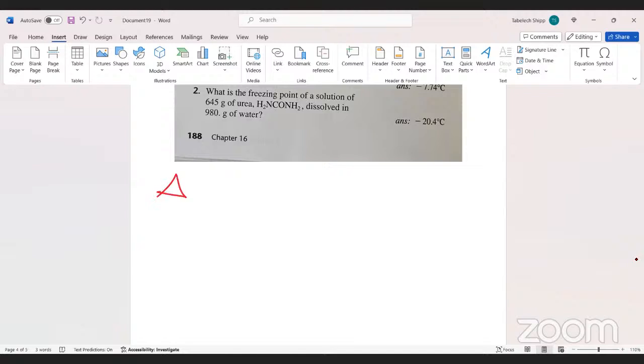Again, the formula is delta T of F equals K of F times molality. What they gave us in the problem was the 645 grams of urea that we have to first convert to a mole. This is for your solute, that goes on the very top.